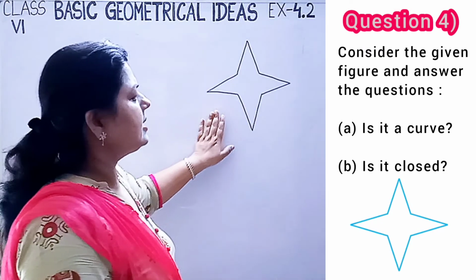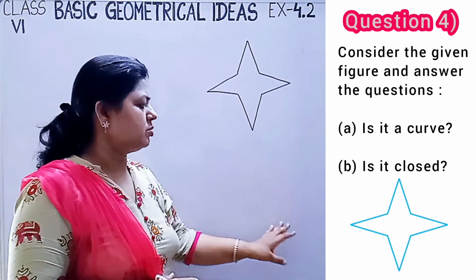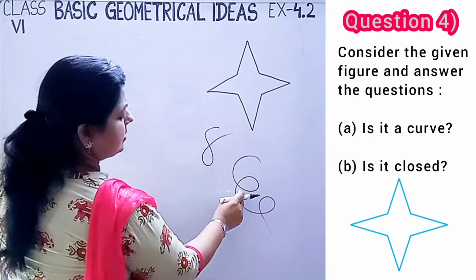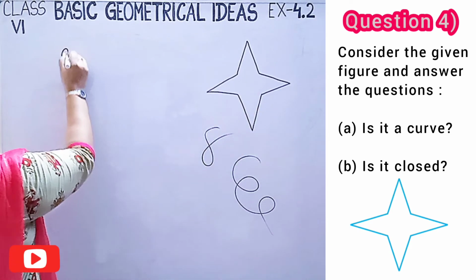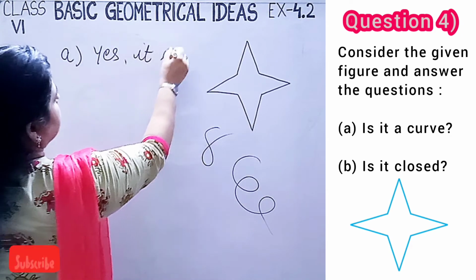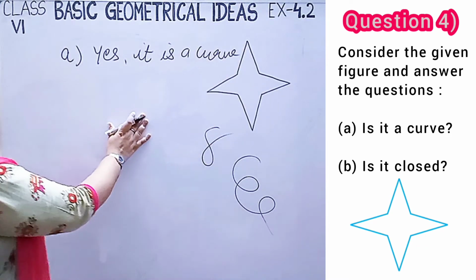Question number 4. Consider the given figure and answer the questions. A. Is it a curve? B. Is it closed? So yes, this is a curve. Now B part.